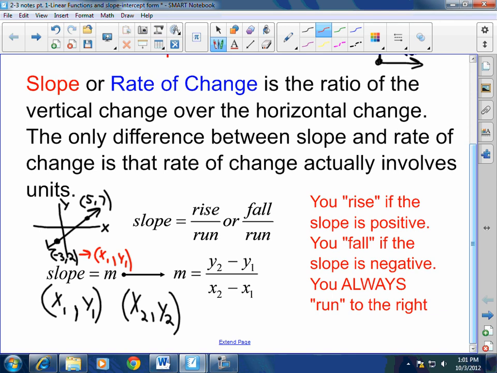This is another point on the line, so that would be my x2, y2. Now, I could have called this x1, y1, and I could have called this x2, y2. What you cannot do is mix and match. You cannot say, oh, the 5 is x1, but the y I'm going to call it y2. You cannot do that. You choose one as x1, y1, and the other one you choose would be x2, y2. Does that make sense? Okay.